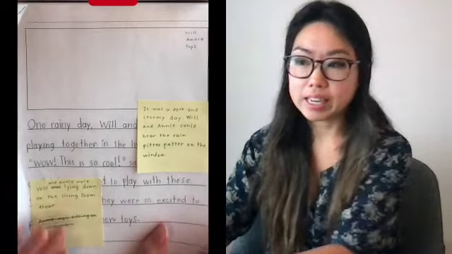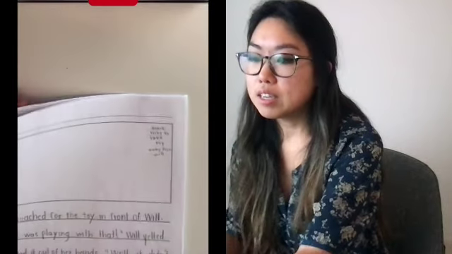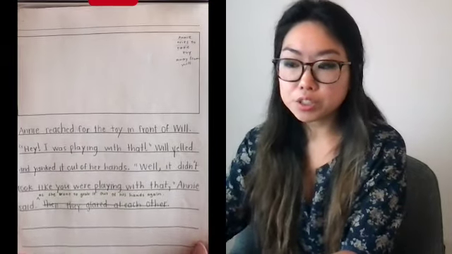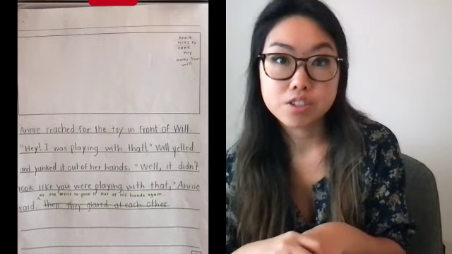What I'm going to do is I'm going to show you in my writing about Will and Annie how I can use craft words. So I'm actually going to start on my second page today. Remember, when you start your story and you are picking up your writing for the first time every day, I want you to reread your story.